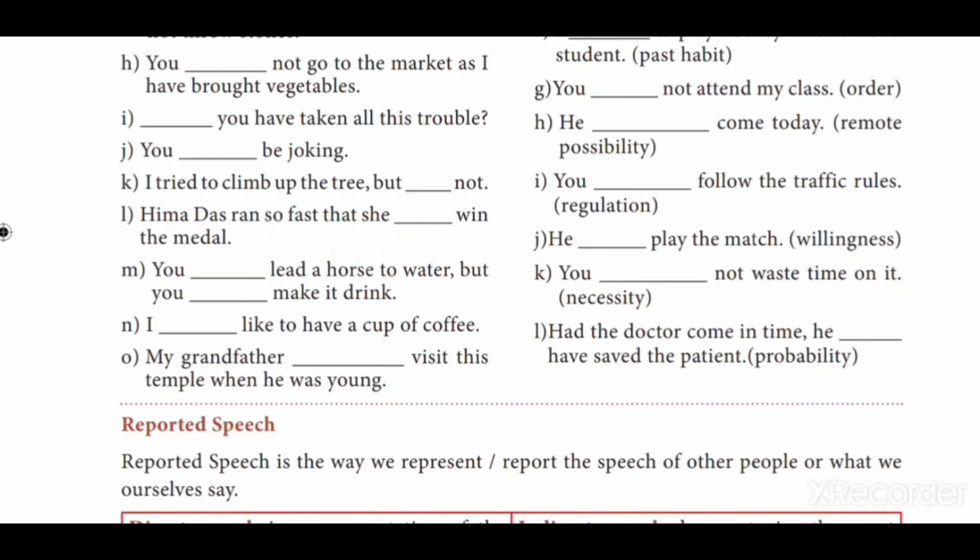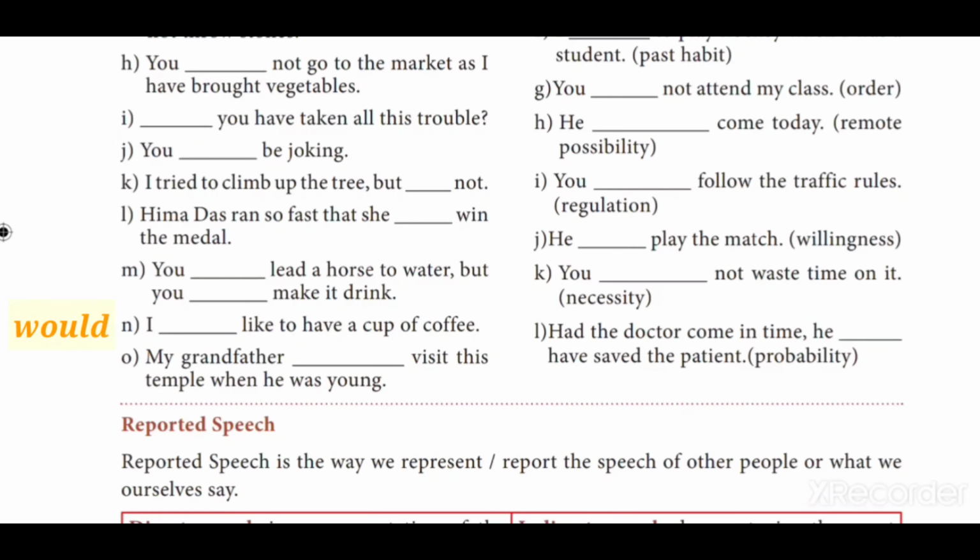Next is M. You dash lead a horse to water but you dash make it drink. Here the answers are can and can't. That is, you can lead a horse to water but you can't make it drink. Next is N. I dash like to have a cup of coffee.